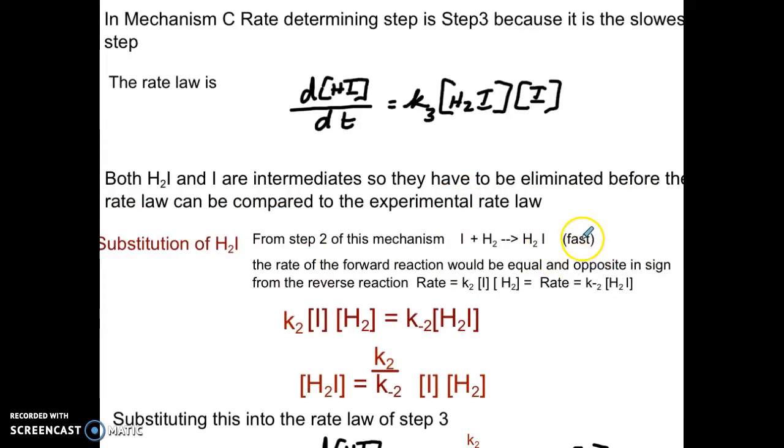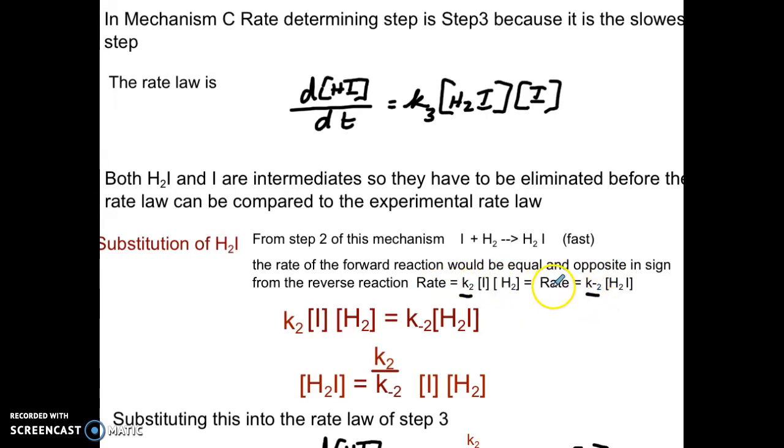We said that it's fast. And just as I had explained, the rate of the forward reaction will be opposite of the rate of the reverse reaction. So I'm showing that with the same value of K, but they will be opposite in sign.